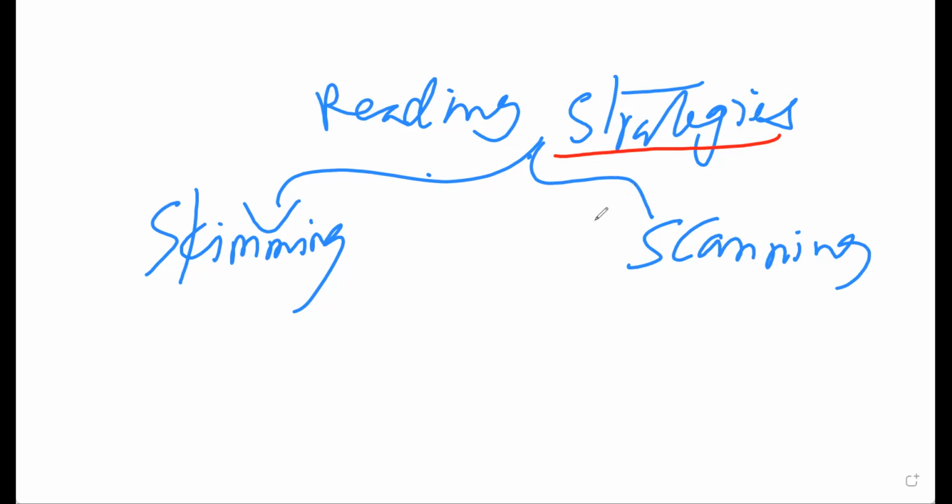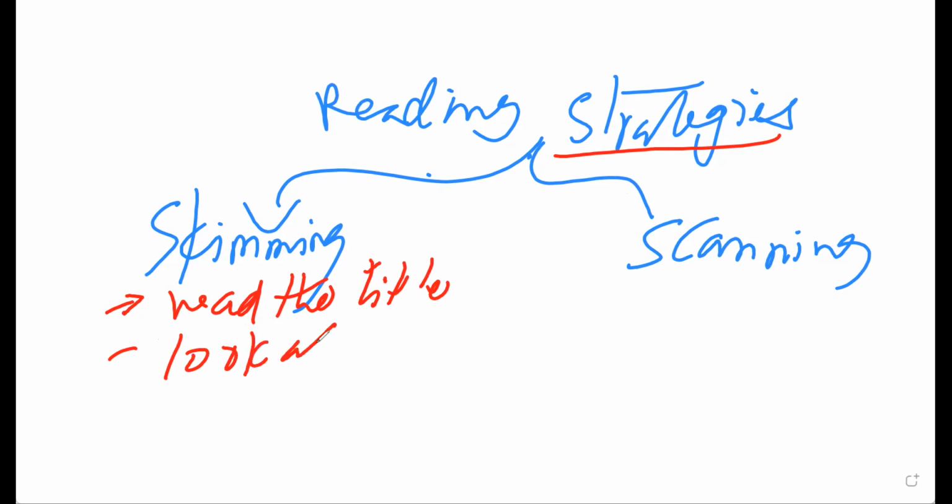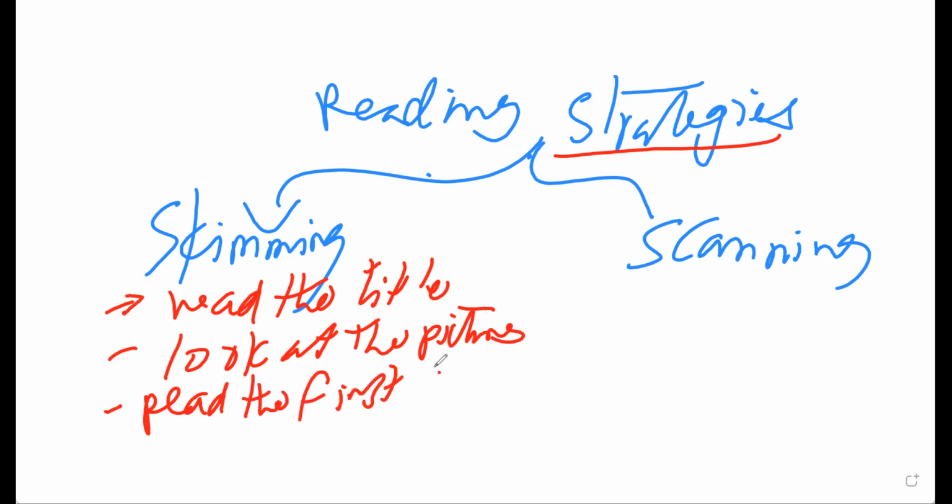So skimming, how to skim the passage. Number one, read the title. Look at the pictures, if there are any. Then read the first sentence in each paragraph.